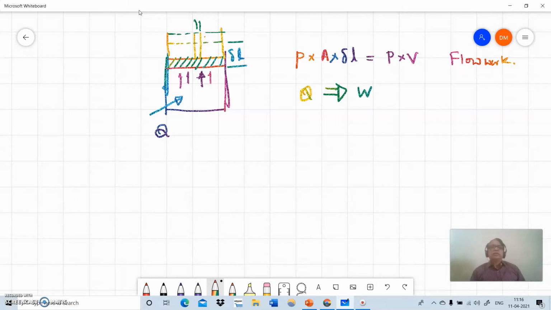Okay, a small amount of Q you added and a small amount of work is done by the piston on the surroundings, right?